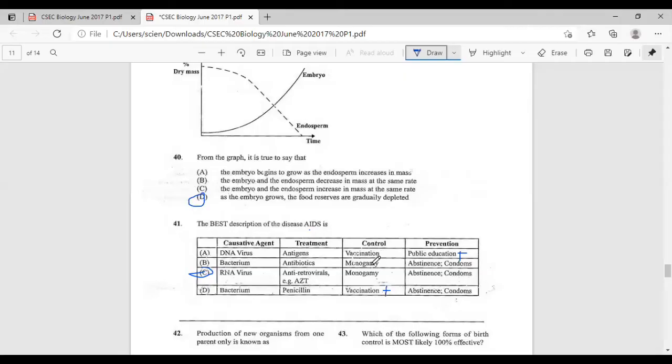So we would have known that we're stuck between B and C. We would know that the treatment is definitely not antibiotics. So that would have left us with C. So it's an RNA virus for the agent, treatment is antiretrovirals, to control it is monogamy, and we can prevent it by abstaining or using condoms.